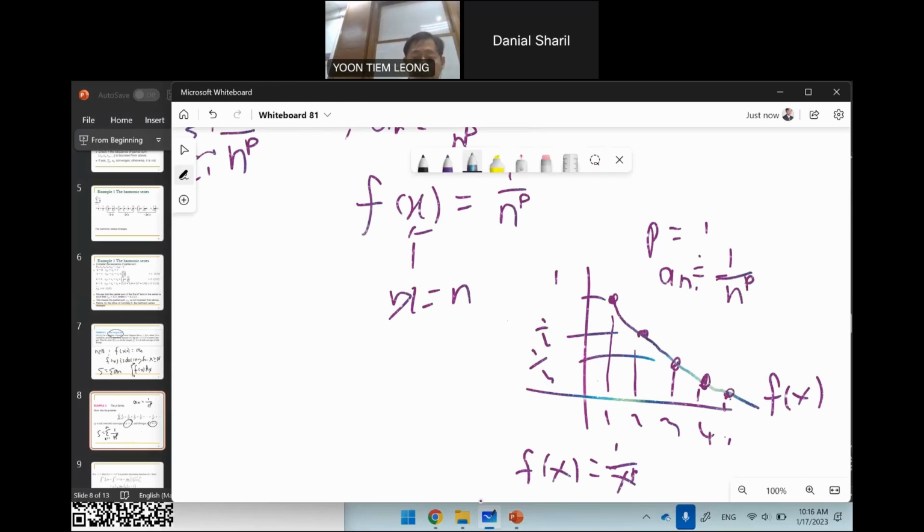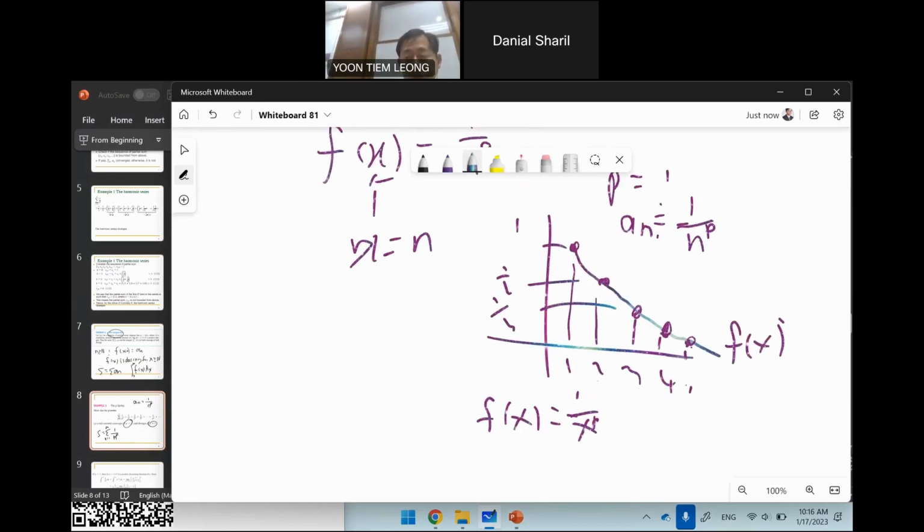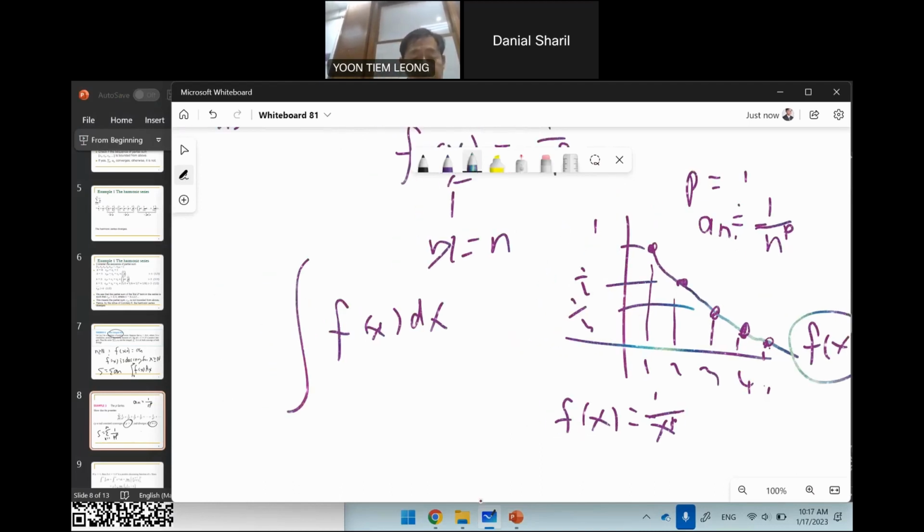Then now you look at the function and you try to integrate it. So here the function that is chosen is 1 over x to the power p. Therefore, to determine the convergence of the p series, you start off with n equals 1, right? So here, when the capital N is larger than or equal to 1, then the function f coincides with the p series, and you take it all the way to infinity.